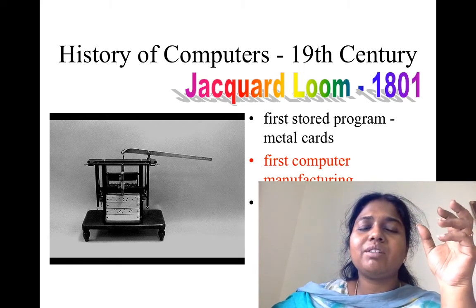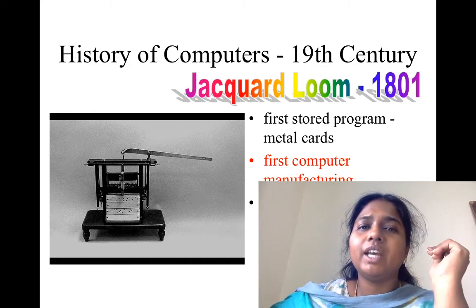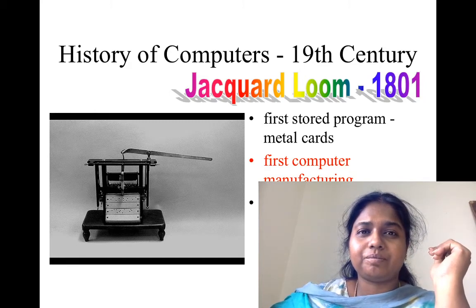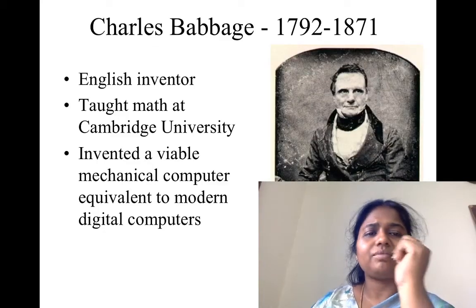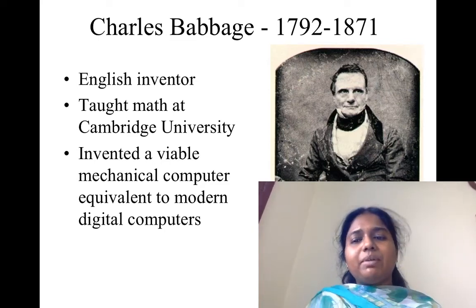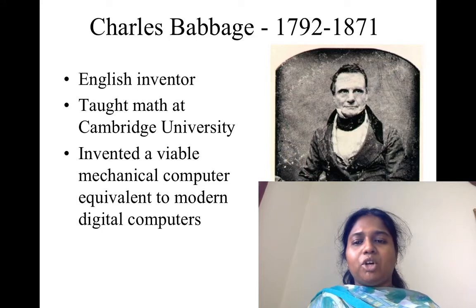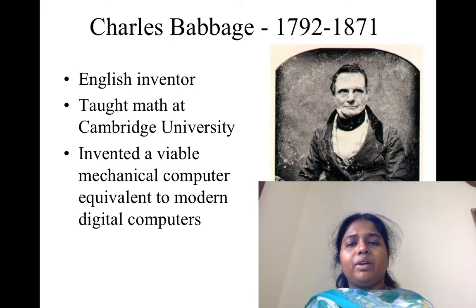Now in the past 200 years, look at the exponential growth in the power of computing. That's actually surprising. And then comes Charles Babbage. Charles Babbage is actually called the father of modern computers, right? He's actually an English inventor.